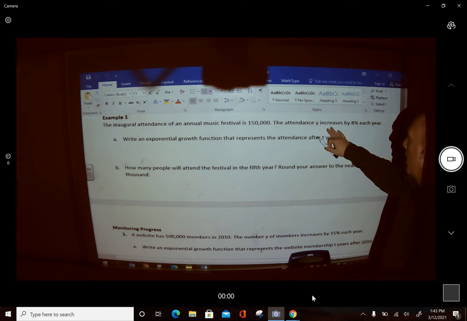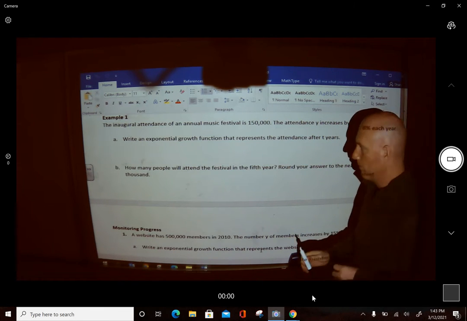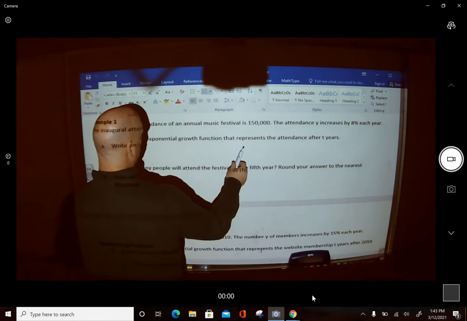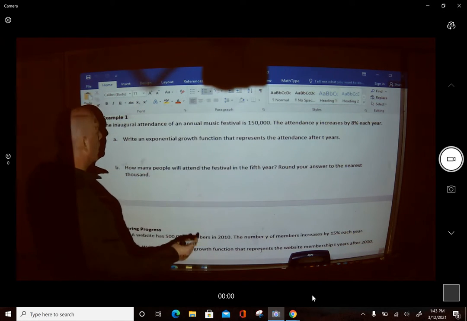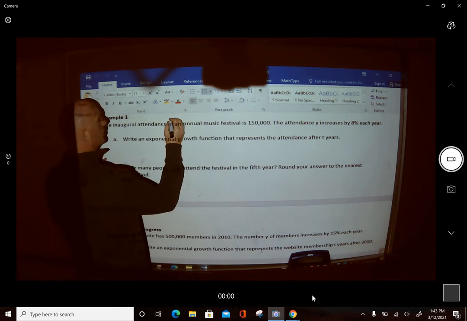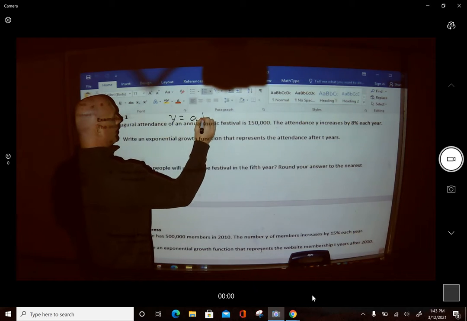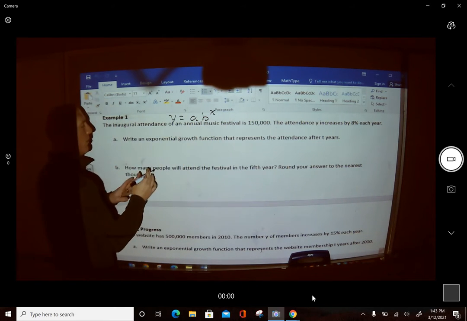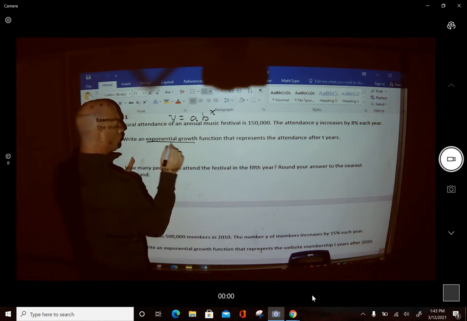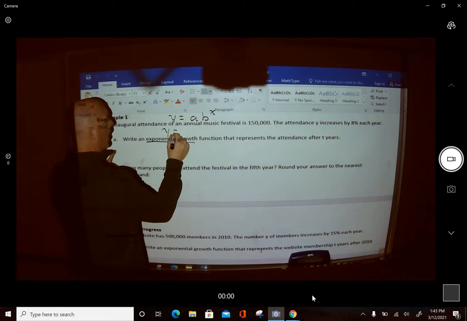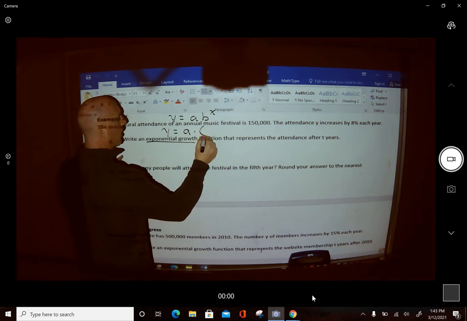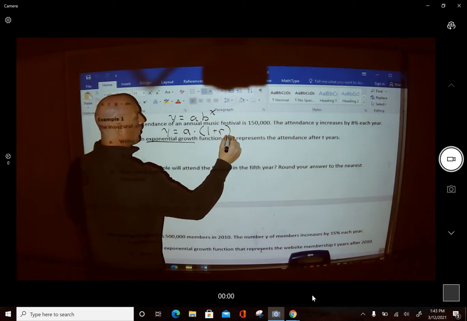The attendance y increased by 8% each year. So we're going to write an exponential growth function. The general form is y equals a times b to the x. But since we know we have exponential growth, it's y equals our initial value times 1 plus our rate.